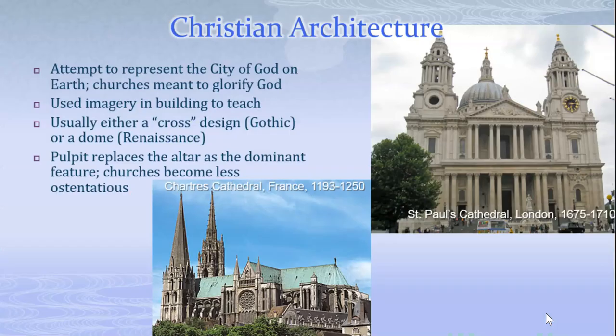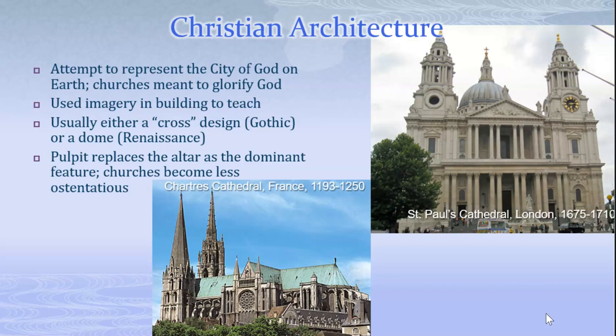In Christian architecture, we are talking about the church, and the church is supposed to represent the city of God on earth. It is a direct part of worship. The churches are built to glorify God. There's lots of imagery in the churches, stained glass windows, paintings, things like that, and they are all used to teach the gospel, essentially. And oftentimes you'll see a cross design or a dome in churches.